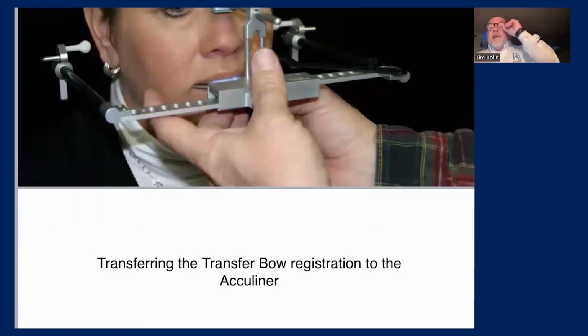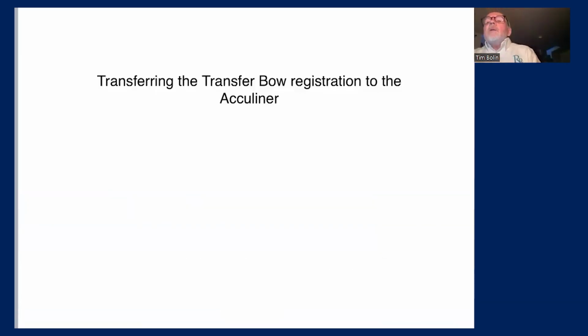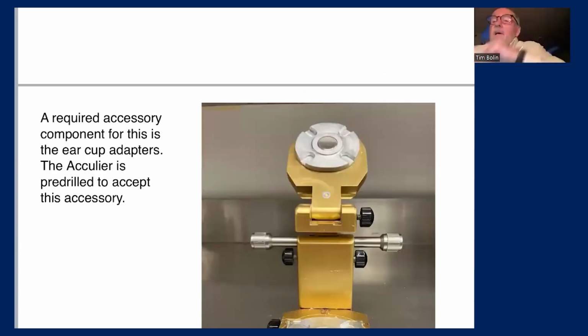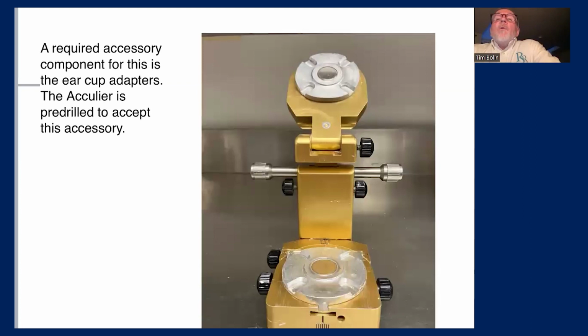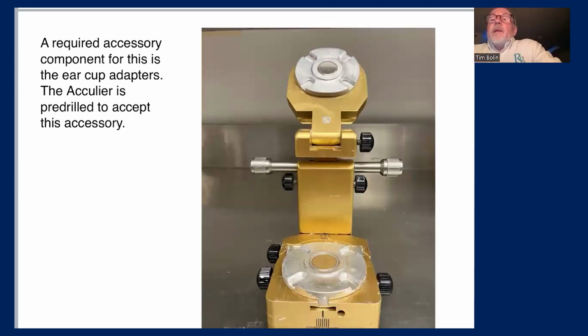Now, transferring the transfer bow to the Aculiner is a little bit more of a trick, but it's certainly doable. There's a required accessory for this, and it's these ear cup adapters. The Aculiner was fabricated with this in mind. There are two tapped screw holes on the Aculiner, and they come with Allen screws set in place.